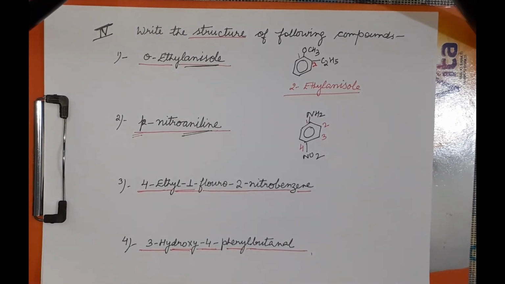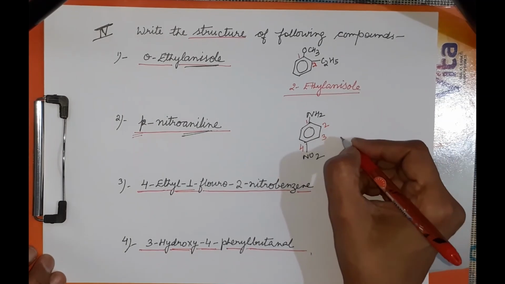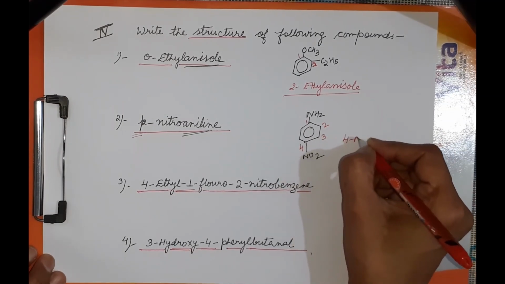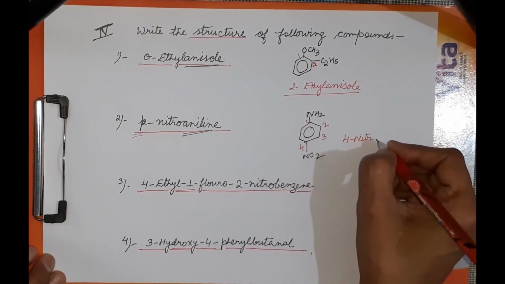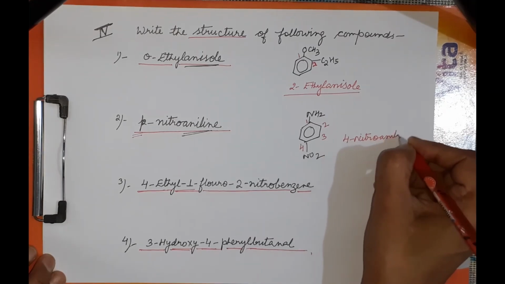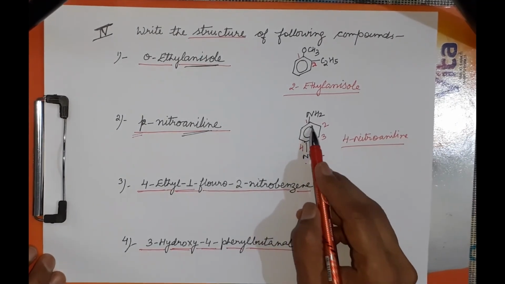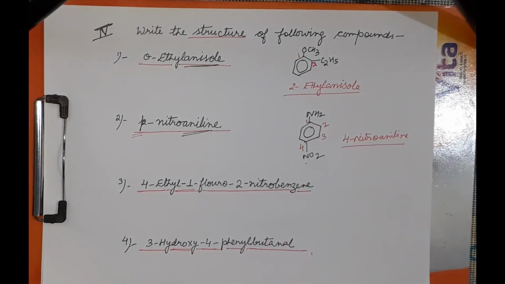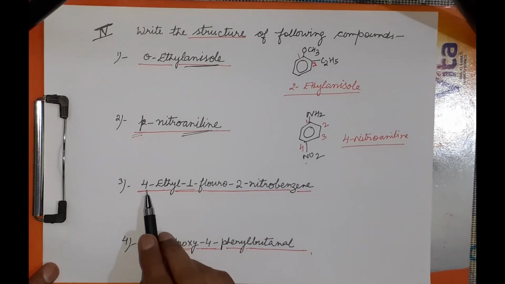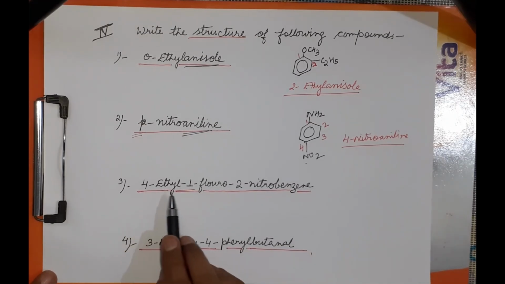So this is para-nitroaniline, and we can write this as 4-nitroaniline. So it can be written like this also, 4-nitroaniline.